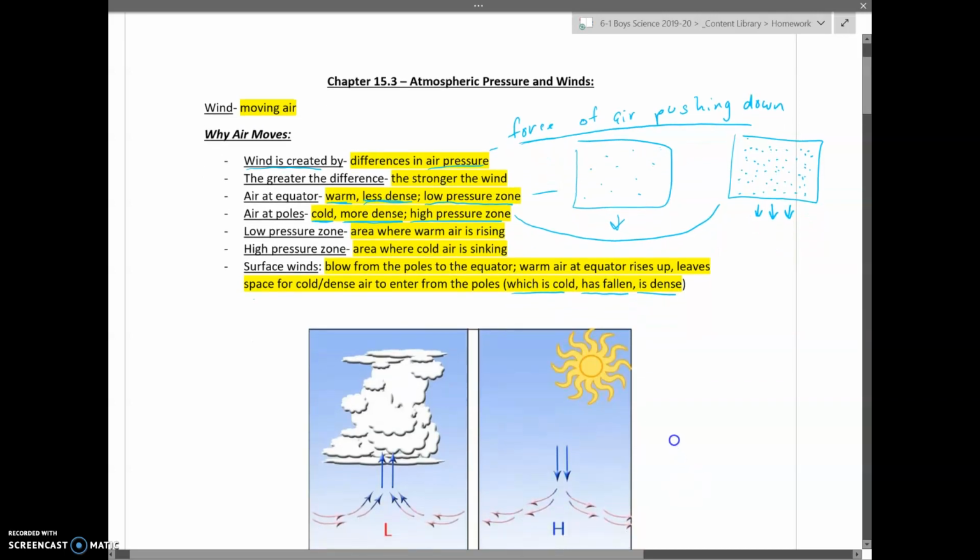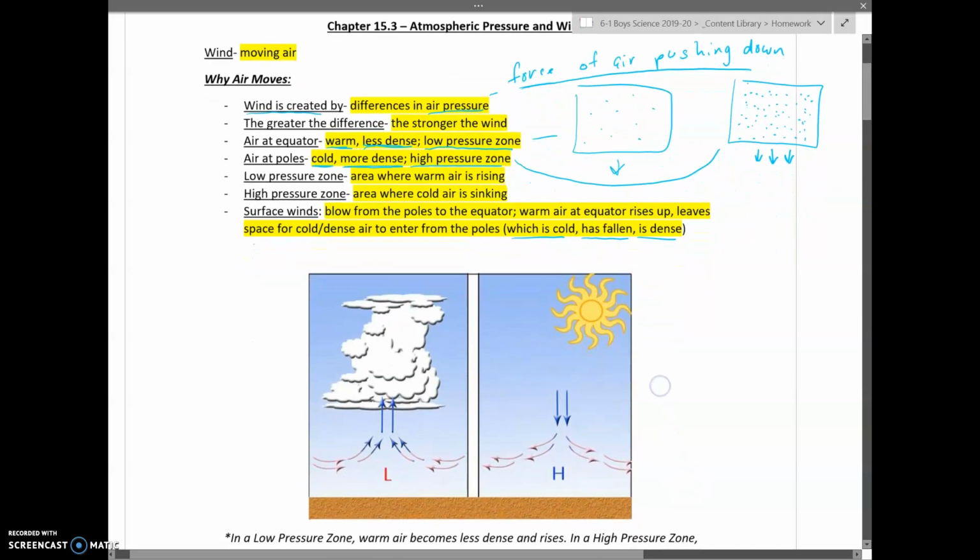So let's look at this picture down here. Surface winds are going to happen because we have an area of low pressure right here. Low pressure means warm. Warm air is less dense. Less dense air rises. So here we have air that's going to float up away from Earth's surface.